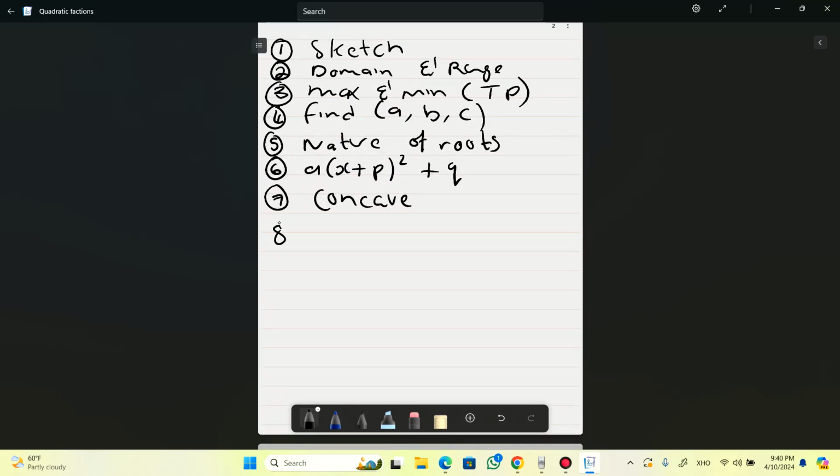And then know how to use the quadratic formula here, which is given as x equals negative b plus or minus the square root of b squared minus 4ac, all divided by 2a. So this one here is very important.